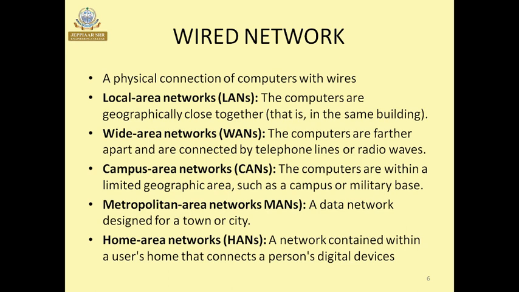All the devices are connected to a specific network at the home itself. Those devices inside the home alone can use it. So that is called home area networks, because it is specifically connected only within the home.